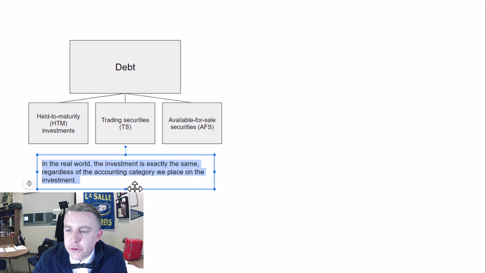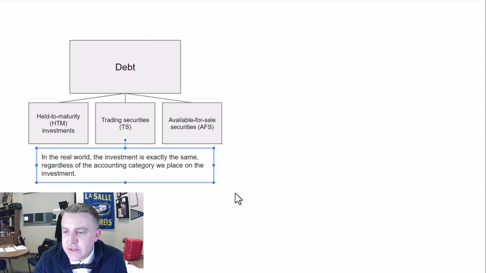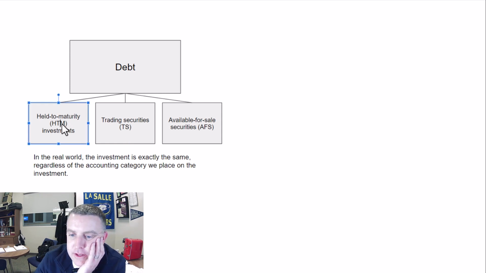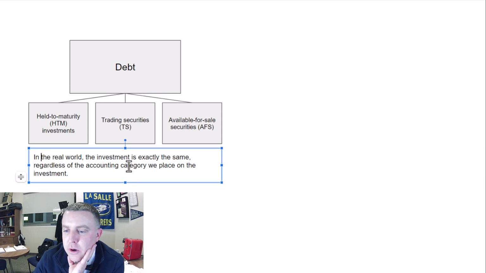So, for accounting purposes, to record these transactions in our financial statements, we are going to put the debt investment into one of these three categories: held to maturity investments, trading securities, available for sale securities. But in the real world, it's the same exact investment.